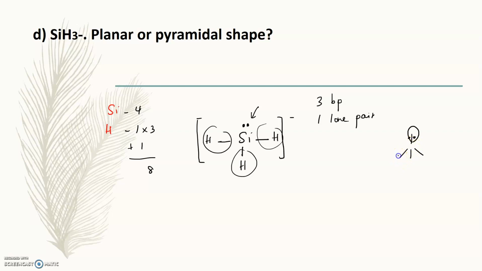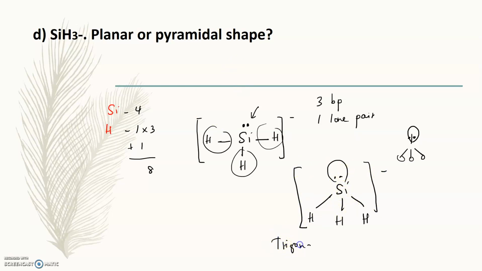Okay, and then 3 bonded atoms. So the geometry, draw based on this theory. Okay, the geometry is trigonal pyramidal. Okay, trigonal pyramidal. So either planar or pyramidal shape. This is pyramidal shape. Okay, trigonal pyramidal. Okay, check your answer.